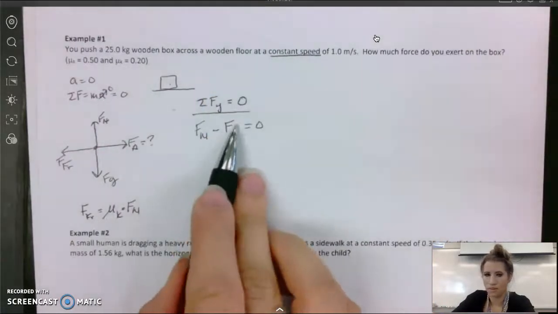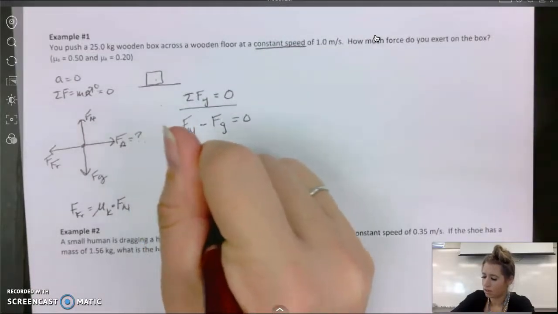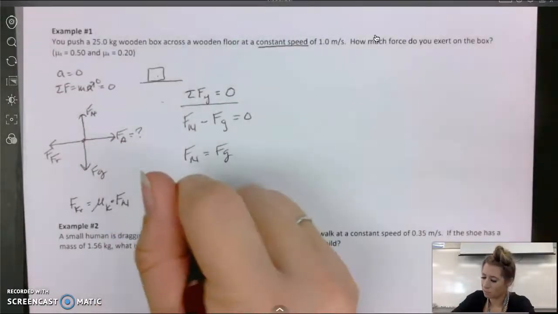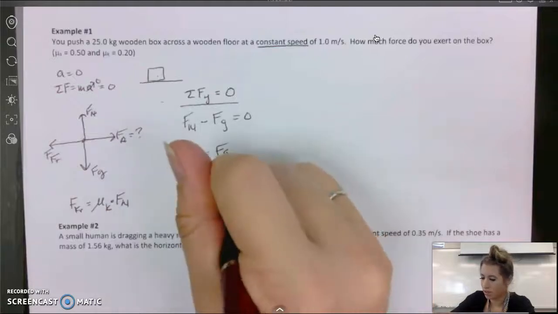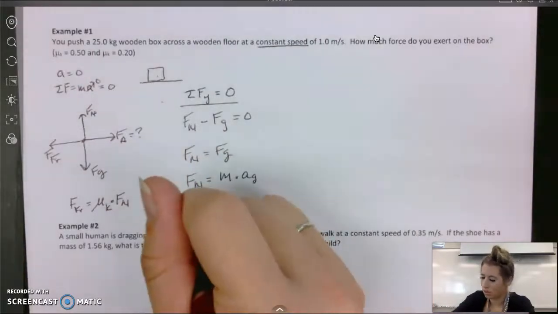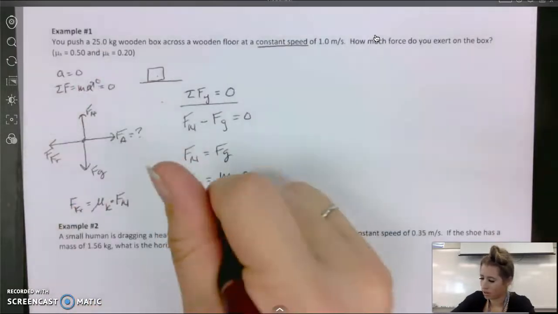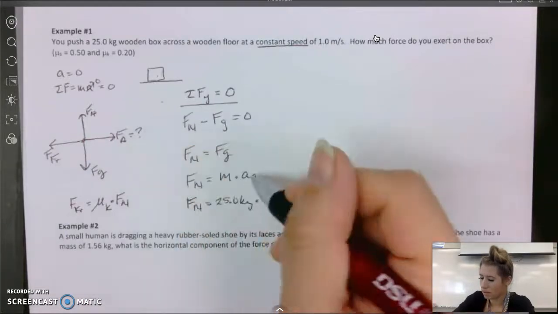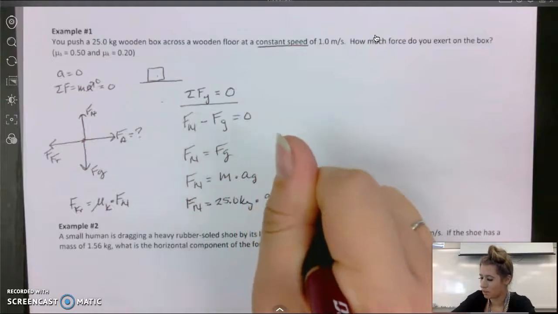I'm going to add the force due to gravity to the other side, so normal force is going to equal the force due to gravity. Remember, force due to gravity is the mass of the object multiplied by the acceleration due to gravity. So normal force is the mass of the object, 25 kilograms, multiplied by 9.81 meters per second squared.